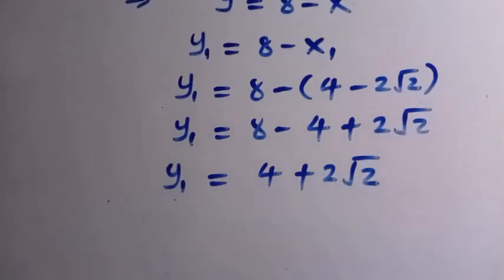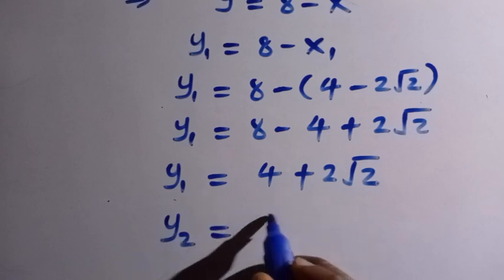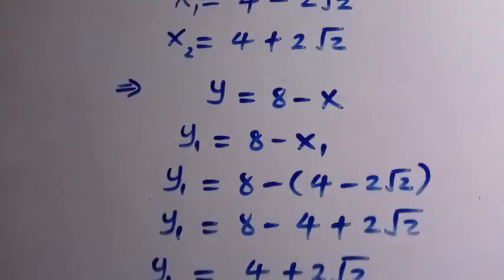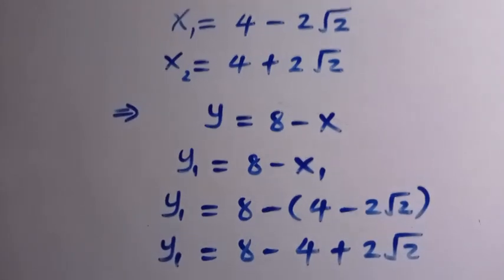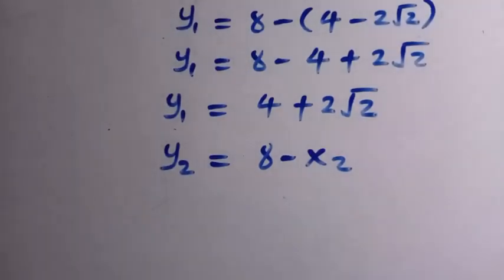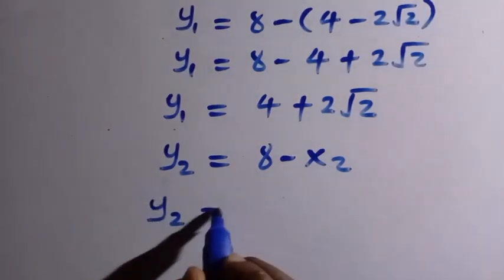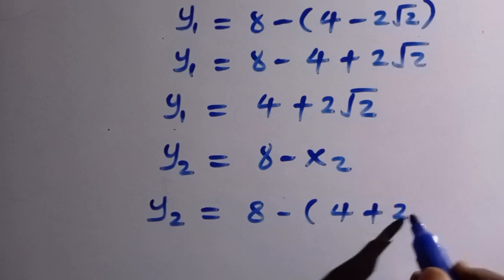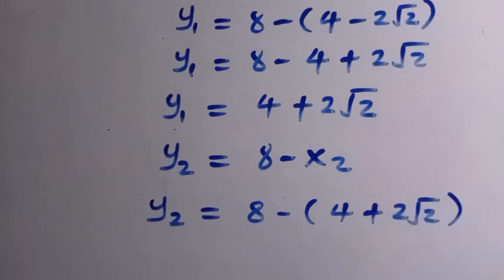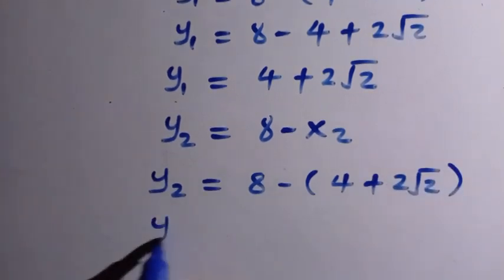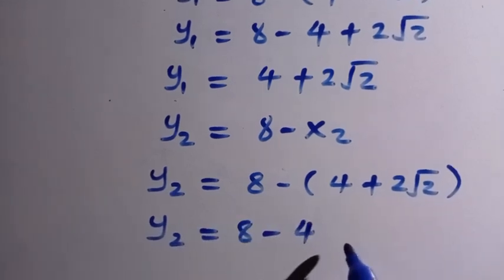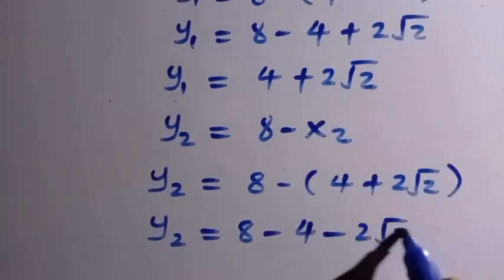And also for y2, this equals 8 minus x2. We substitute the value of x2, which is 4 plus 2 root 2, into this. We have y2 equals 8 minus 4 plus 2 root 2. Then we expand this and we have y2 equals 8 minus 4 minus 2 root 2.